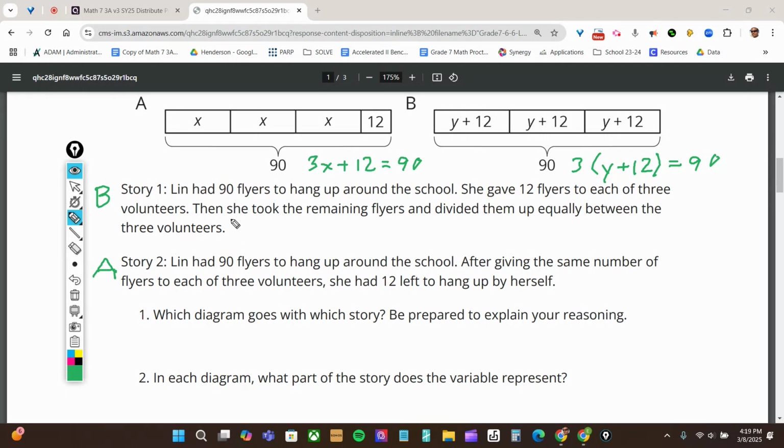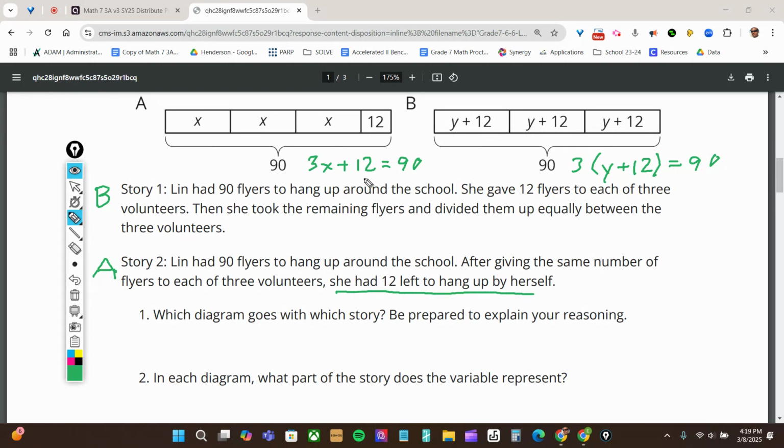Diagram A shows 3 groups of flyers and 1 separate group of exactly 12. Story 2 clearly states that there were 12 flyers left to hang by Lynn. She had 12 left to hang herself.